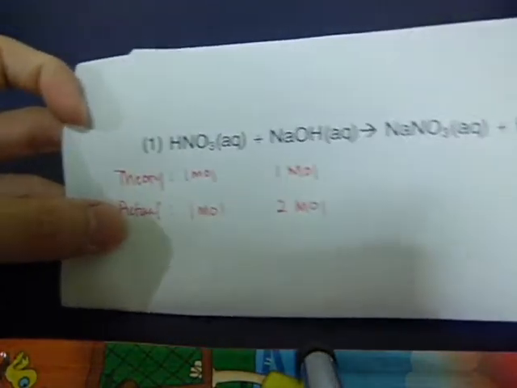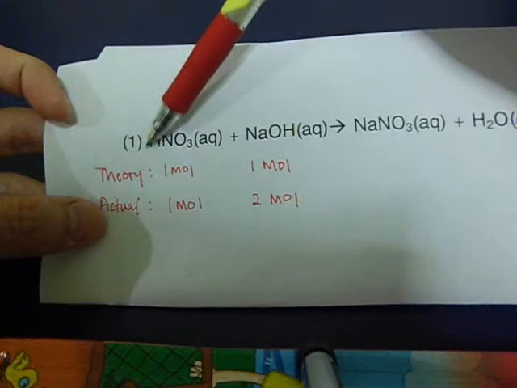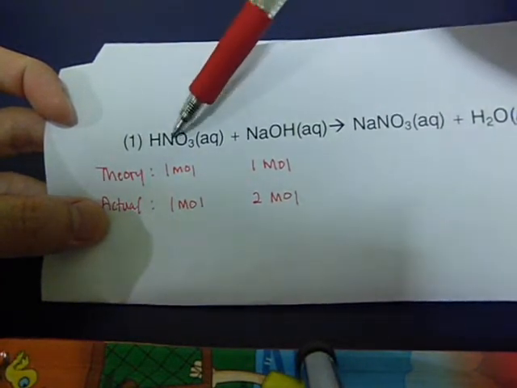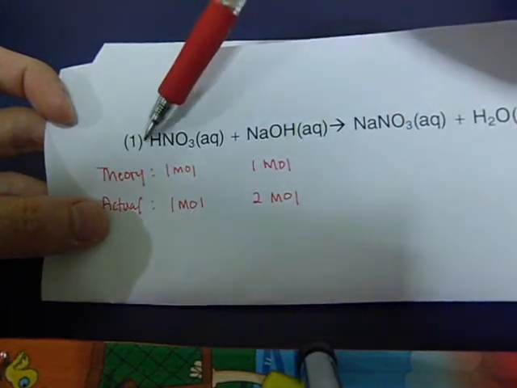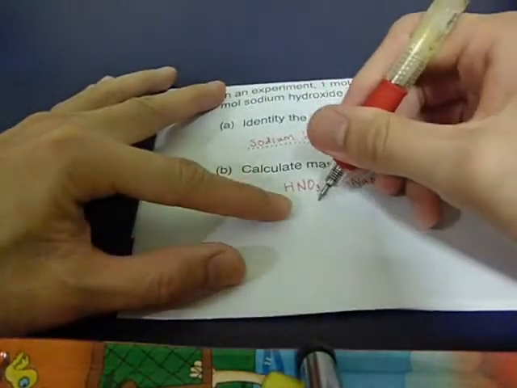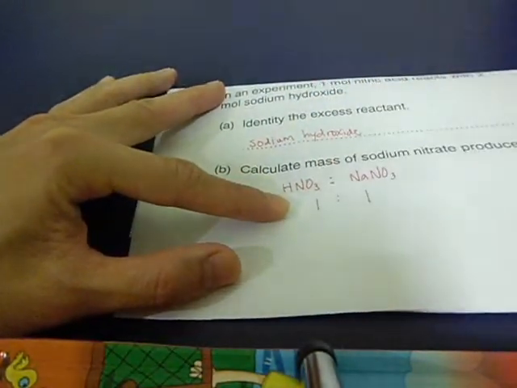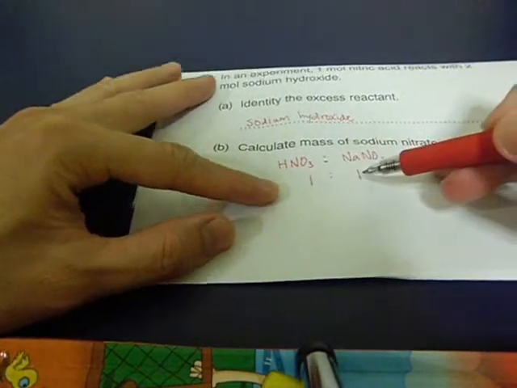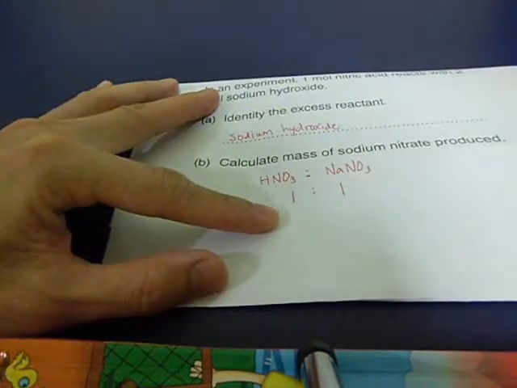The balanced chemical equation will tell you 1 and 1. So we go back here and write 1 is to 1. That means 1 mole of nitric acid produces 1 mole of sodium nitrate.